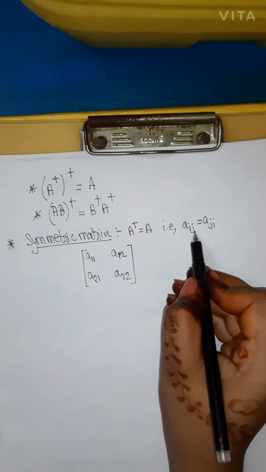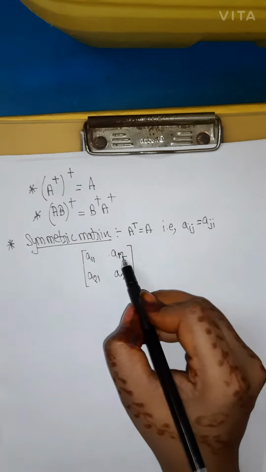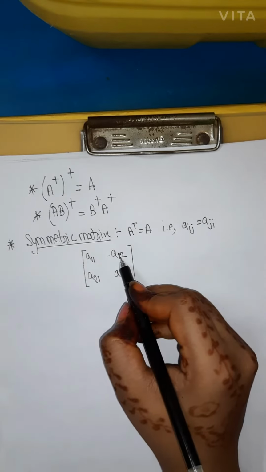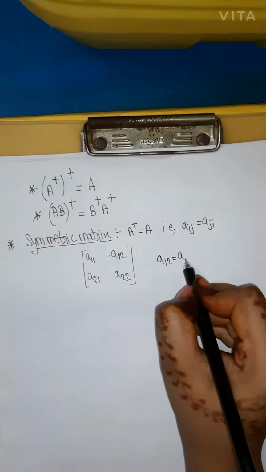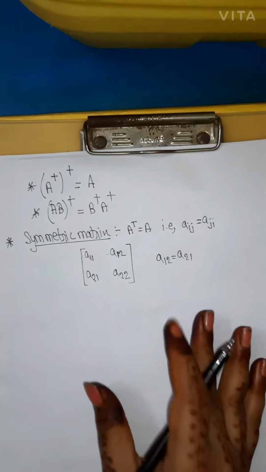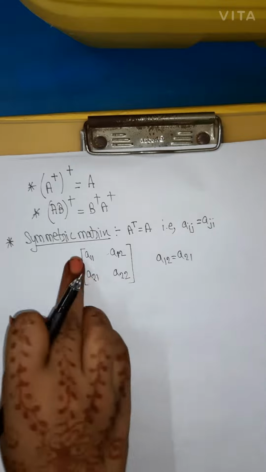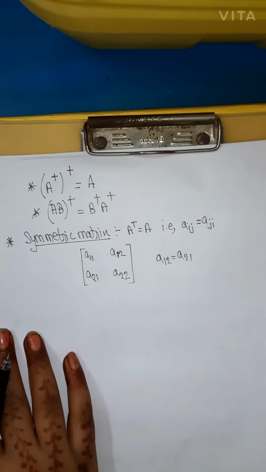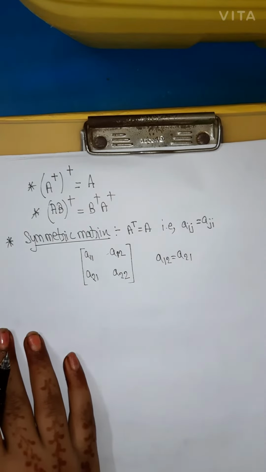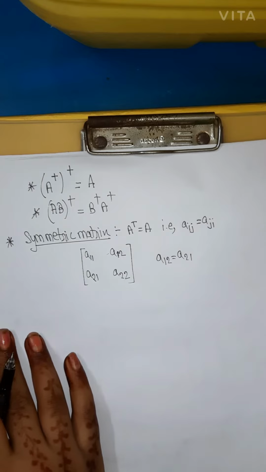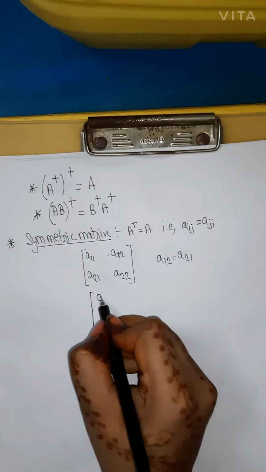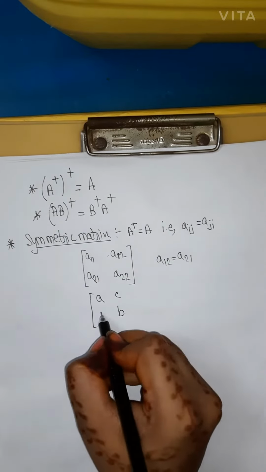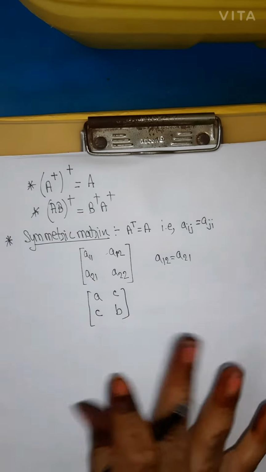A12 must be equal to A21, and we have only one element, A11, so it will be unique for each and every diagonal element. So A12 is equal to A21. So we will have, let us say, A, B, and these two elements must be the same element, that is, C and C.